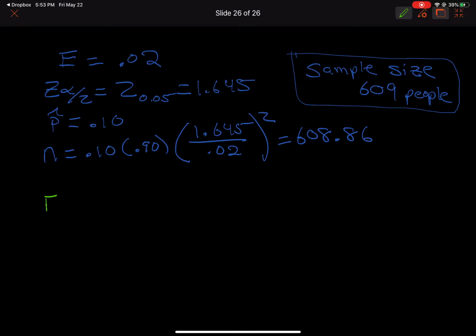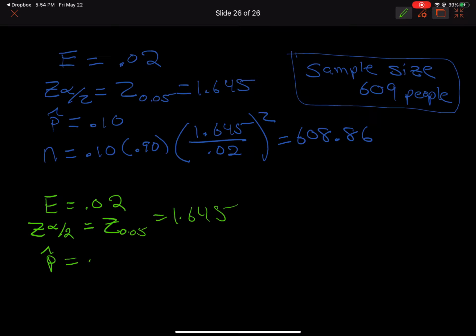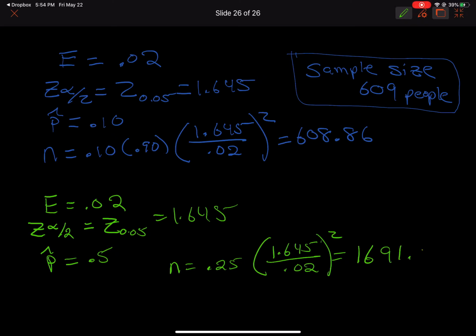I'm going to do the other one. So still margin of error is 0.02. This is still the same right here. But my p-hat is different. My p-hat is now going to be 0.5, because we're not using a prior estimate. So my n would equal 0.25 times 1.645 divided by 0.02, square that, and I'm going to end up with a really large number.